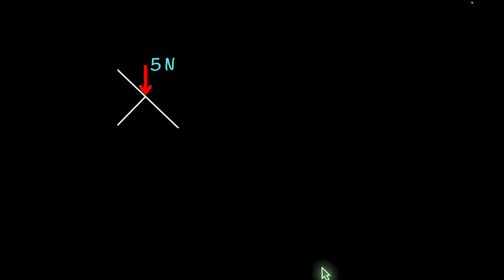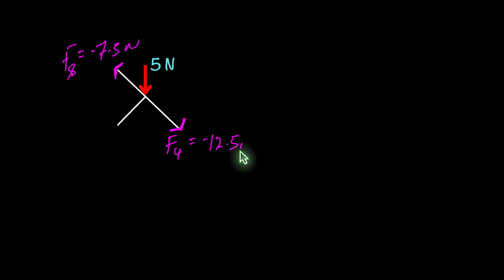So let's follow the same system here. So that's going to assume to be going away from the joint, but we already know the values anyways. So let's input, that was F8, and that will be equal to negative 7.5 newtons. This one was F4, which was negative 12.5 newtons.